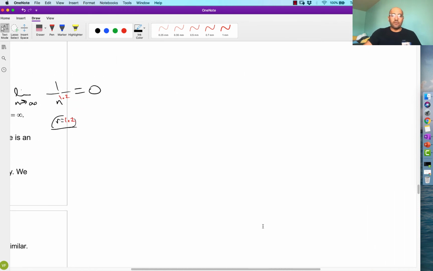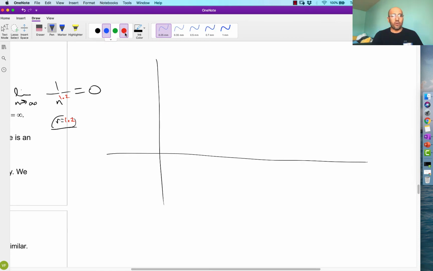Right? So visually, we want to say that if we have a case where the little dots, maybe they start here, and then they go there, and then there, and then there, they're kind of growing out of control.